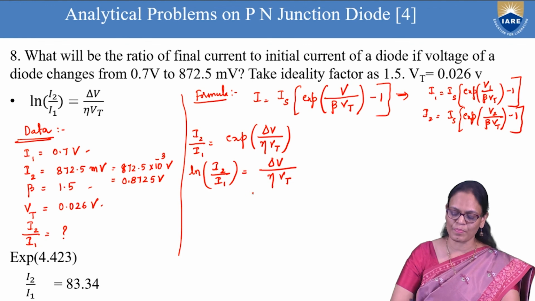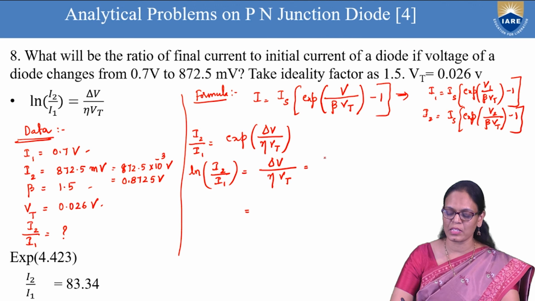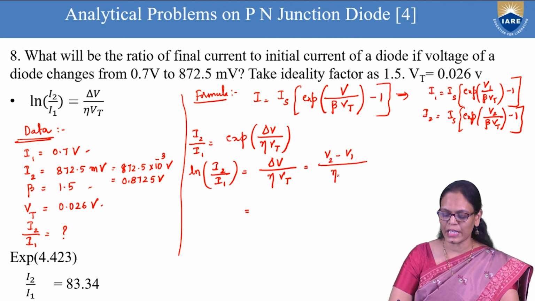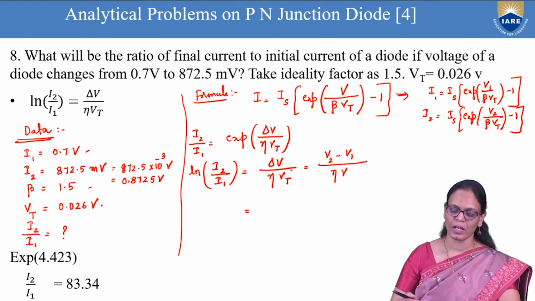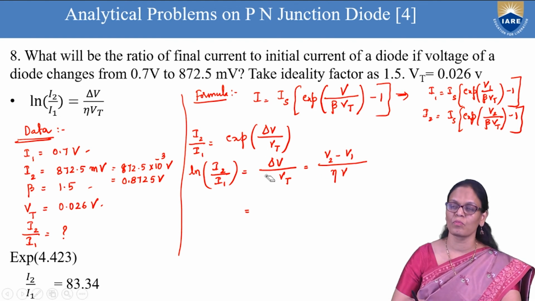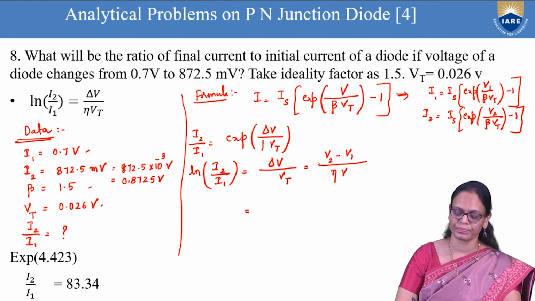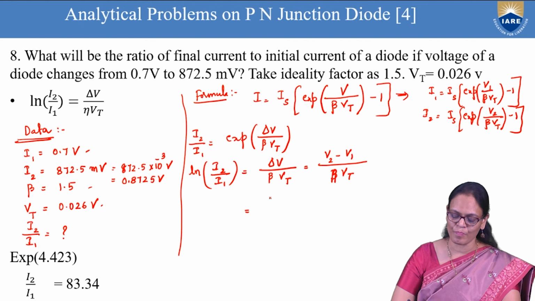So substituting the values of delta V. Delta V is what? This is nothing but V2 minus V1 by eta, or sorry, we are using beta here. Both mean the same. Beta Vt. So what is V2 and V1? V2 is 0.8725 minus V1 is 0.7.